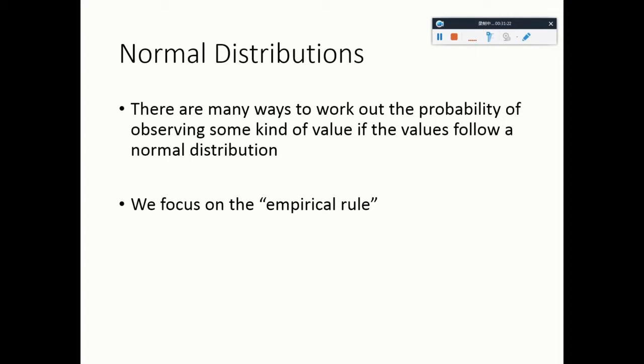The probabilities obtained from using the empirical rule will not be precise or exact, but it's close enough. And for this introductory class, we consider the empirical rule a good enough method of working out the probability of observing some kind of value if the values follow a normal distribution.